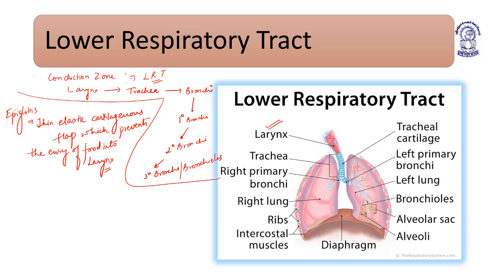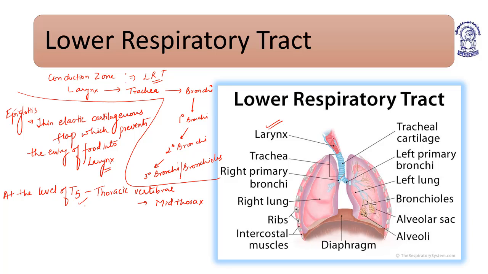Now, very important, at the level of T5 thoracic vertebrae, which is the mid thoracic region, the primary bronchus, or the segregation of trachea into bronchus, is seen.